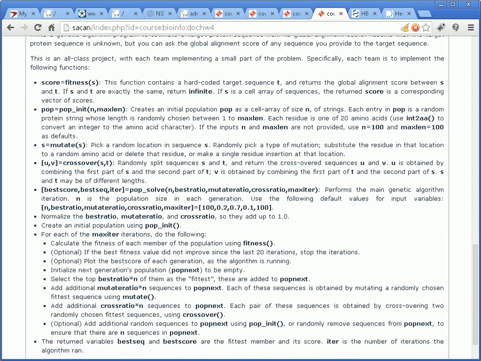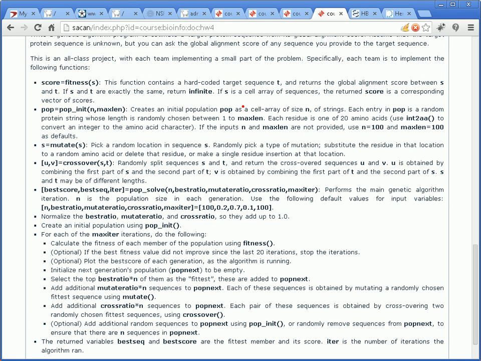So we are going to represent this problem and solve it using a genetic algorithm. We need a way to evaluate an individual, and in this case, an individual is a possible solution. A possible solution is just a single sequence, the target sequence that we are trying to find.